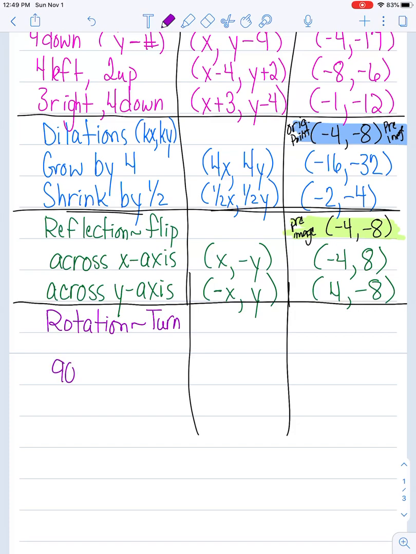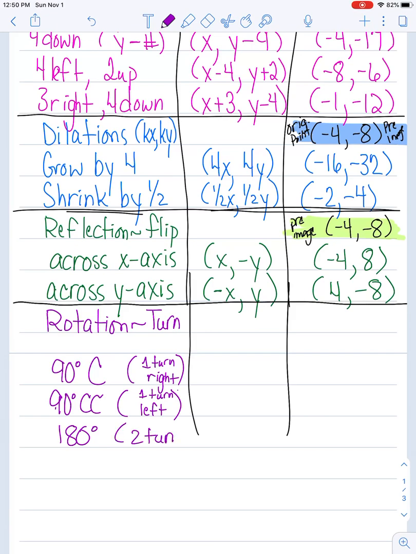We could go 90 degrees clockwise. That's 1 turn to the right, the way a clock goes. Or we can go 90 degrees counterclockwise, which is 1 turn to the left, the opposite of the way the clock goes. Or we could do 180 degrees, which is 2 turns in either direction.